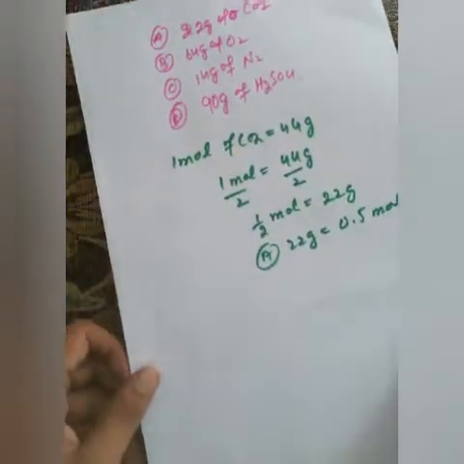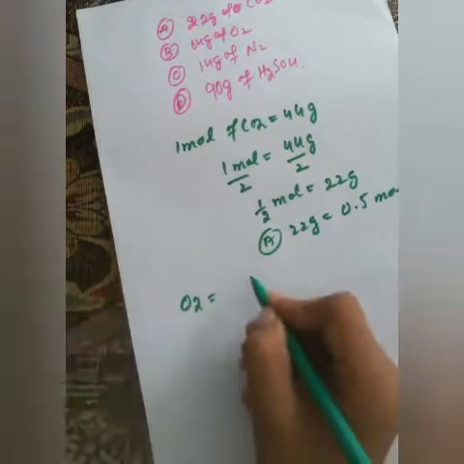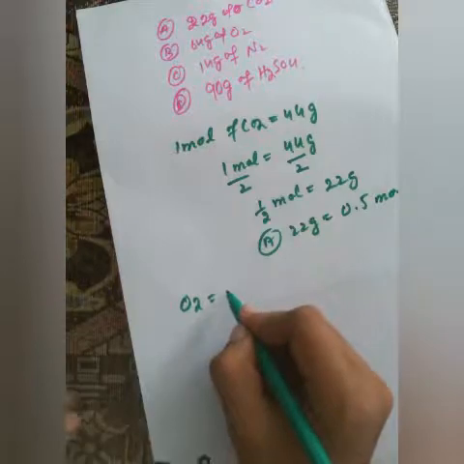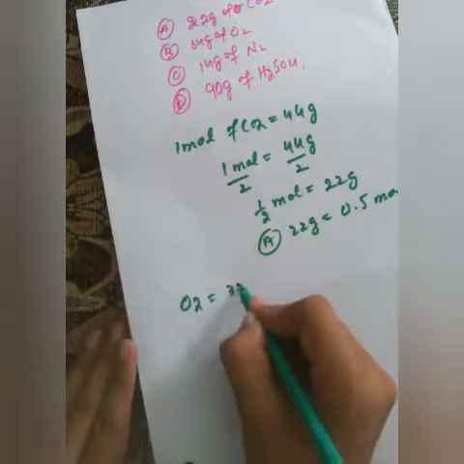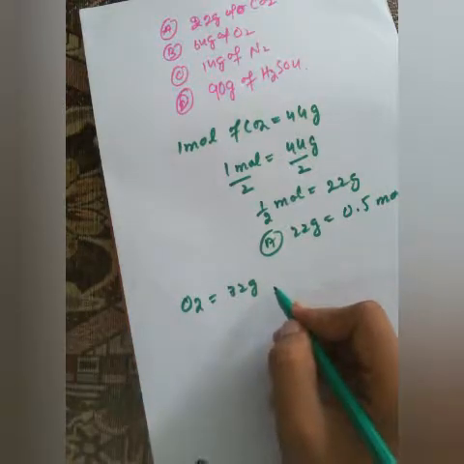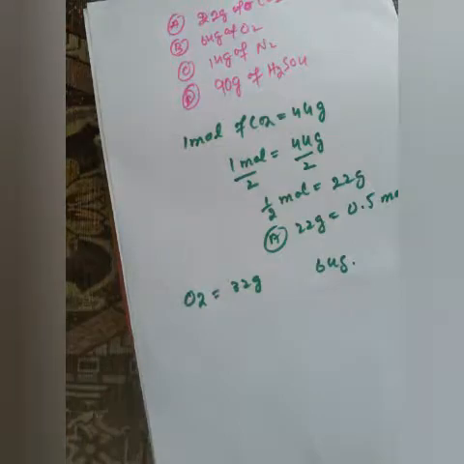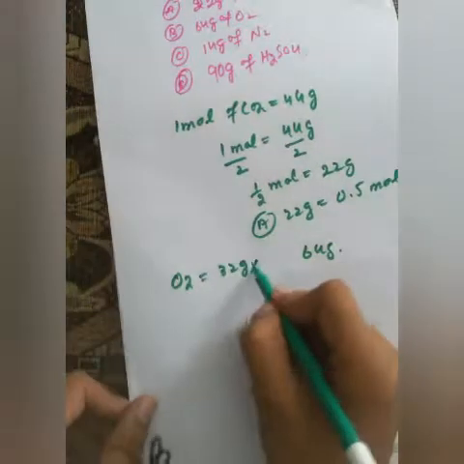Now we will calculate option B, which has oxygen molecule. The oxygen molecule has a molecular mass of 32 grams, but we are given 64 grams. So for getting 64 grams, we have to multiply by 2.